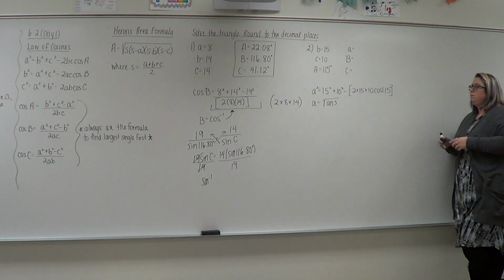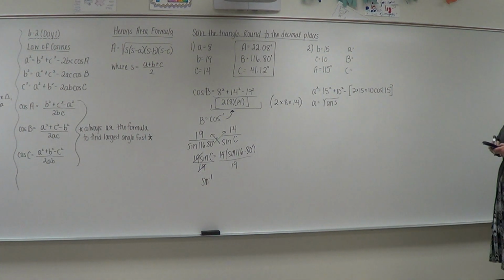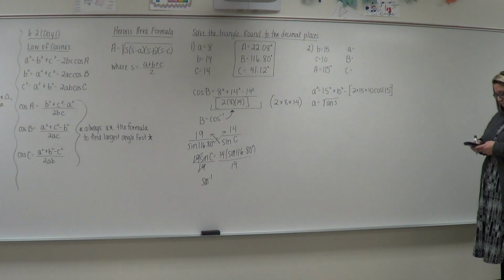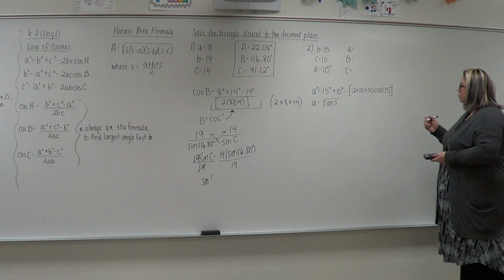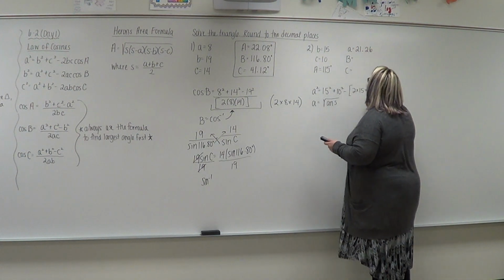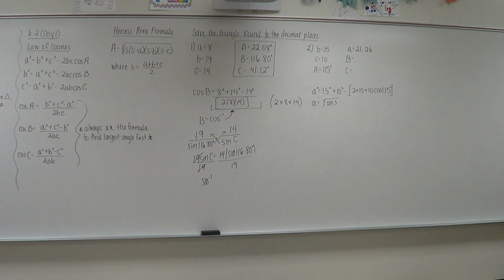So 15 squared, 10 squared. You should have 21.26.